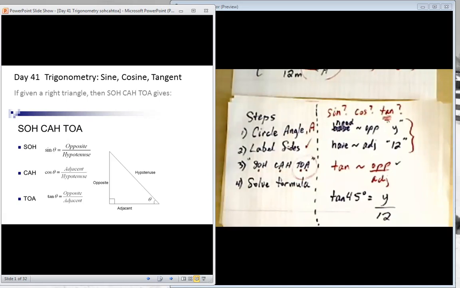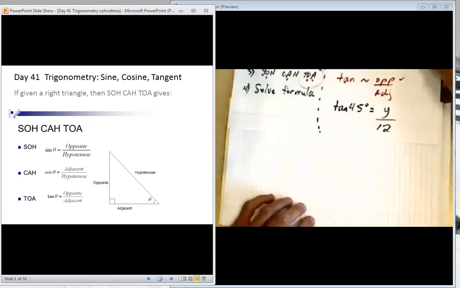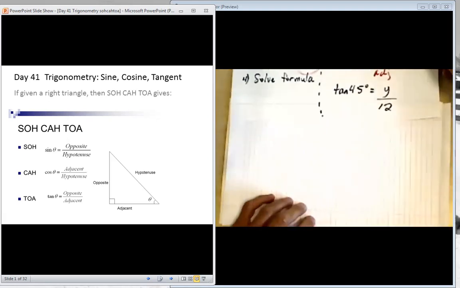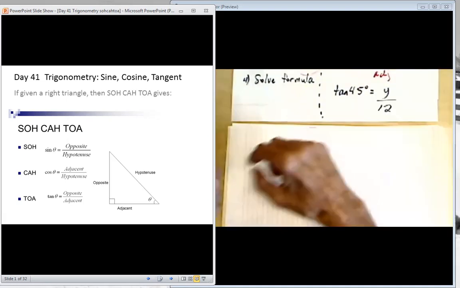So now we've done everything except solve this formula. To do that, we want to get y by itself. And so that's going to mean multiplying both sides by 12.